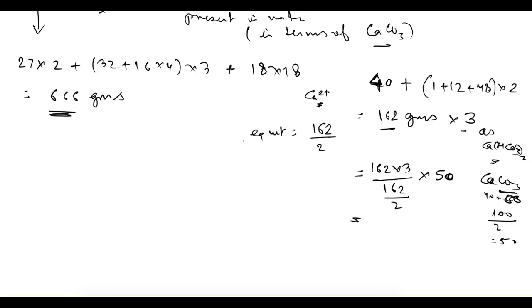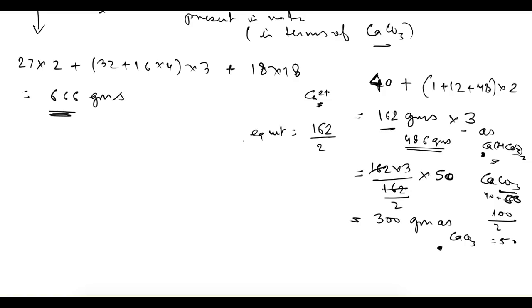So this is equivalent to 300 grams as CaCO3. This 162 into 3 is 486 grams. So 486 grams of alkalinity as calcium bicarbonate is equivalent to 300 grams of alkalinity as calcium carbonate.